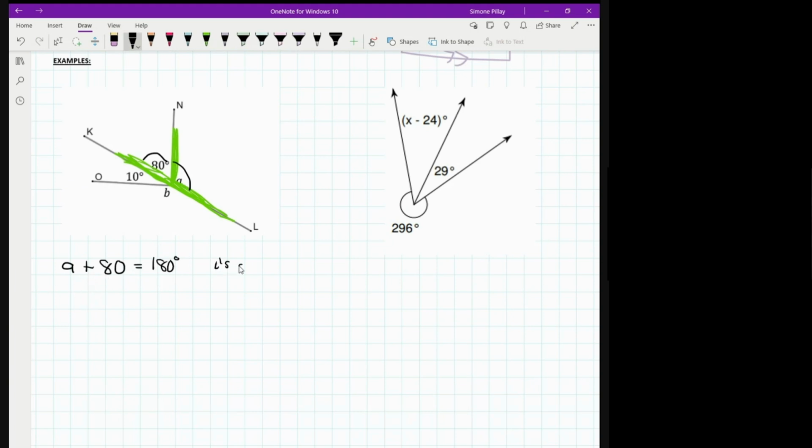I'm going to write my rule, angles on a straight line, and then I'm going to solve. 80 plus A is going to be equal to 180 degrees. I want to get my 80 over to the other side because I want to get A by itself. When I take 80 to the other side, it changes sign, and then A becomes 100 degrees.